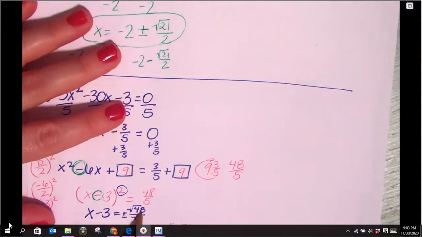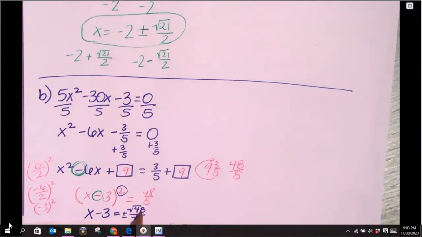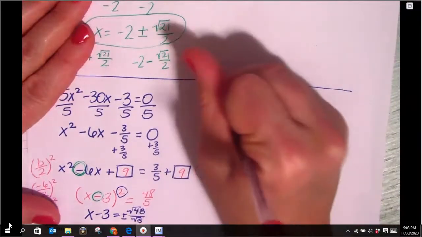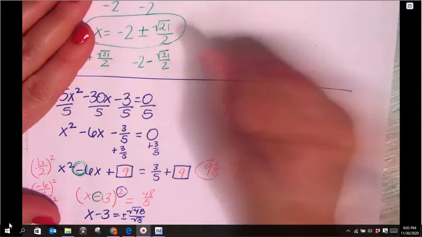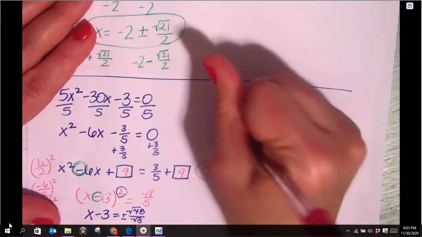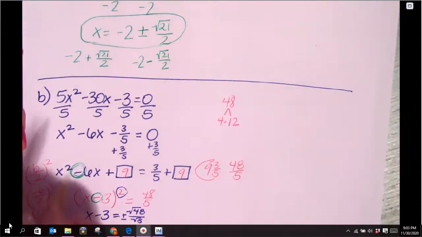48 definitely has 4 in it, so I am going to be able to simplify this, so I could do that now. And I think I'm going to, just to make my life a little bit easier. So I'm going to come up here. The factors of 48 I know would be 4 times 12, I believe. But 12 also has 4 in it as a factor.